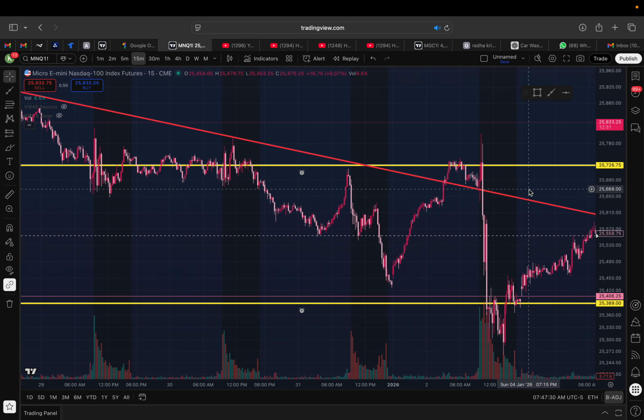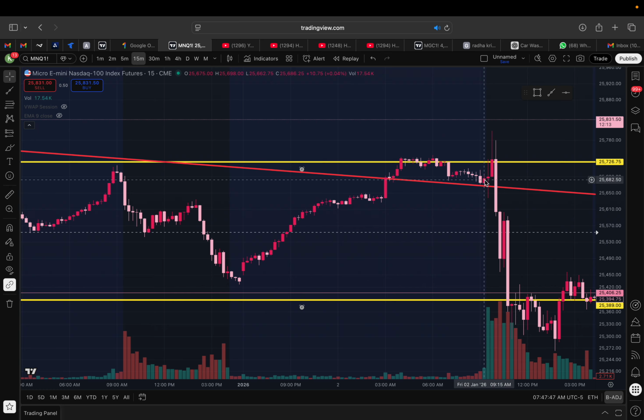So if we zoom in here, it made a retest on 9:15, and then there was a confusion in the market, but I saw an upside candle with very strong momentum, and I think that's where I entered.